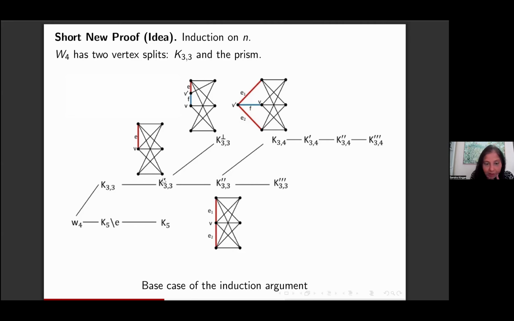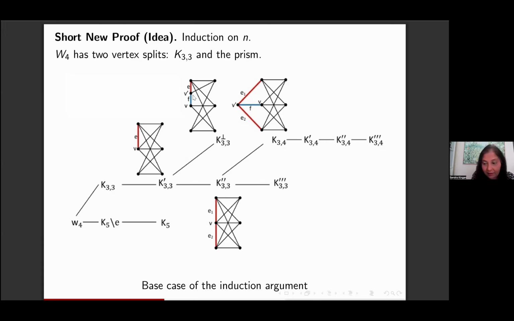Now, look at the vertex splits of K33. I use the matroid term for vertex splits, coextension. It has just one vertex split without a prism minor. Now without the main theorem of the talk, you would have to do a lot of checking.